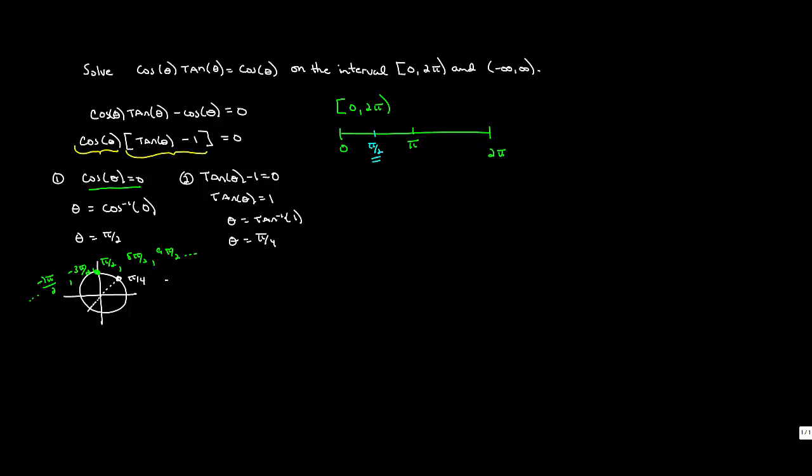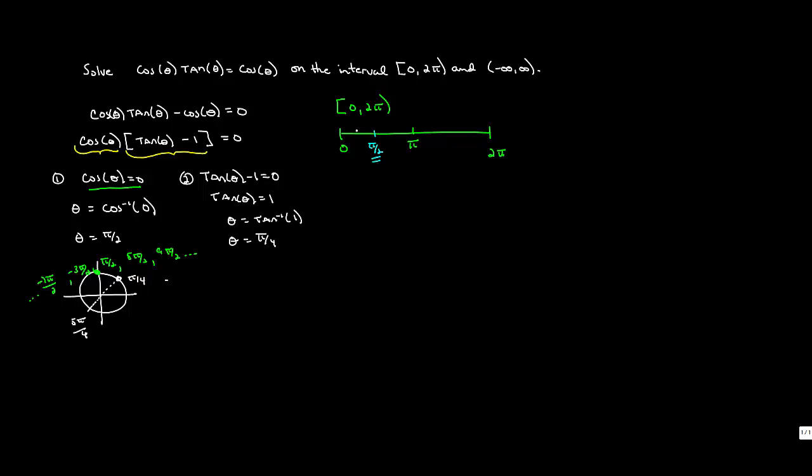Now you might say, well, wait a minute, arctangent's not defined over there, but remember, we're the ones that introduced arctangent. Okay, so arctangent is restricted to quadrants 1 and 4. However, because we're the ones that introduced it, we have to remember that there's other angles out there that are possible solutions. So pi over 4 is a solution to this equation. Also, 5 pi over 4 is, and so on and so forth.